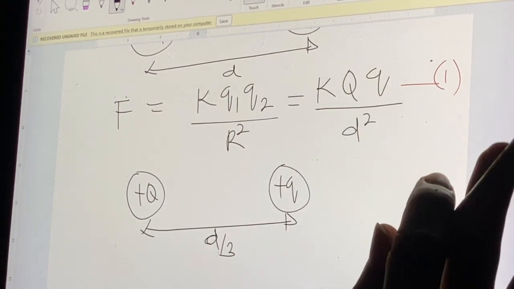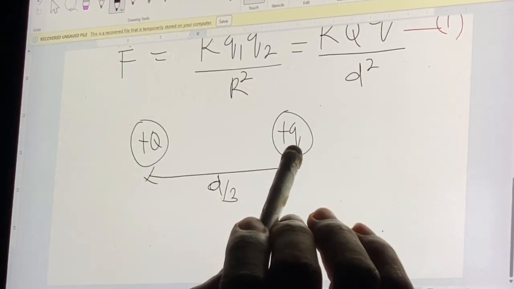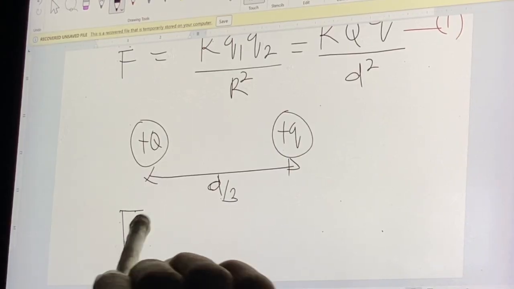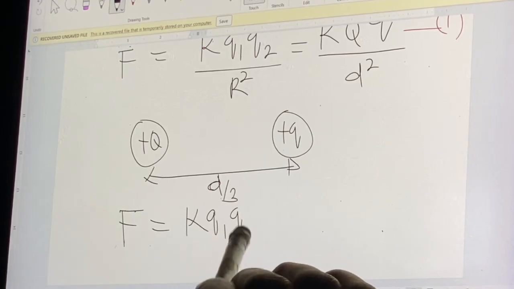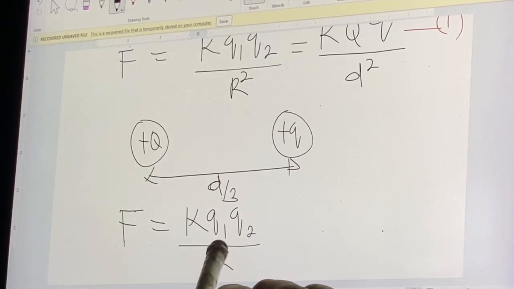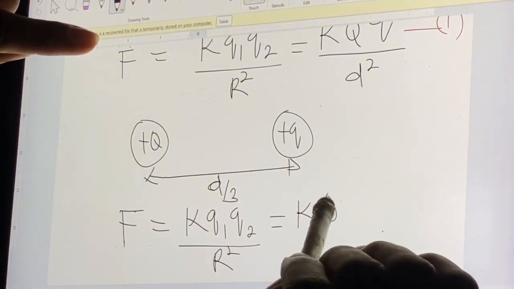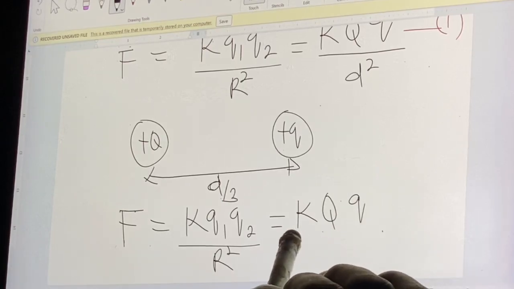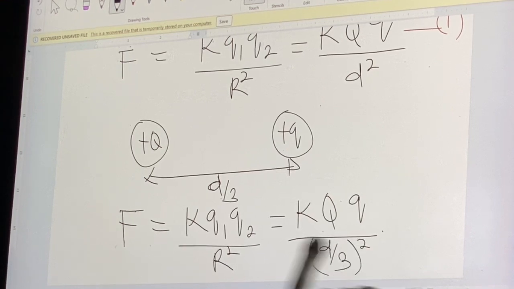So we have to calculate the force again from this second sketch. Our F will be equal to plus K Q1 Q2 over R square. So let's replace here: K, Q1 is capital Q, Q2 is small letter q, over the distance d over 3 all square. Please take note.